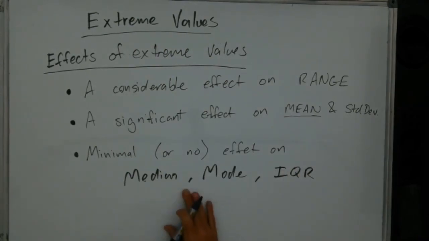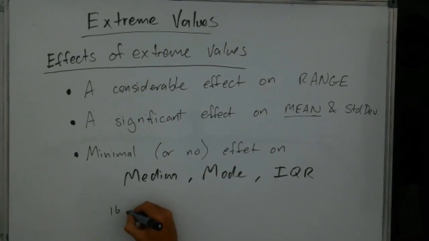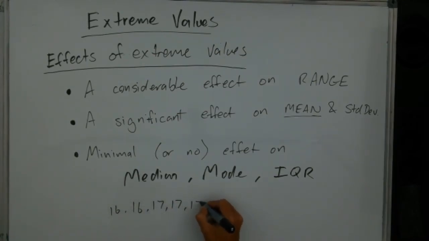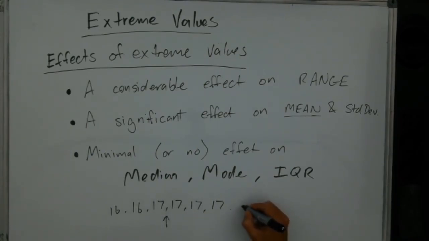And that's because, say we've got 16, 16, 17, 17, as that goes. So the median is going to be the thing in the middle, and if we have one extra value up here, all it really does is shift the median by half a step, because we've just got one extra bit of data. So the median isn't going to change very much.